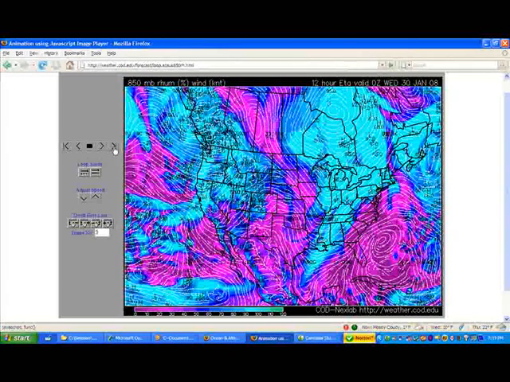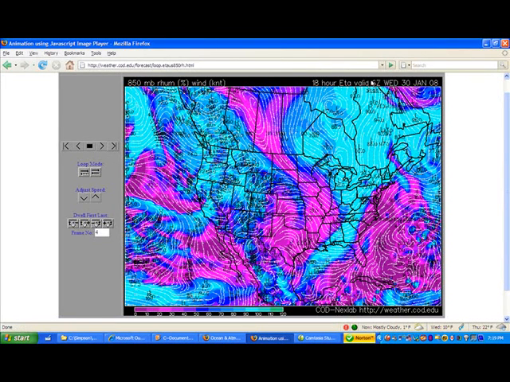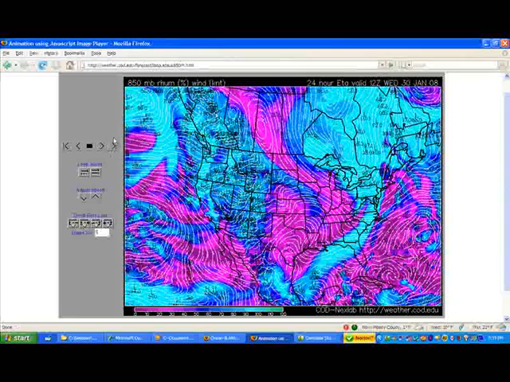Let's move forward another 6 hours. This is valid for 6Z, which would be Wednesday, January 30th at midnight. At midnight they're showing dry air. Let's go to 12Z on Wednesday, January 30th.